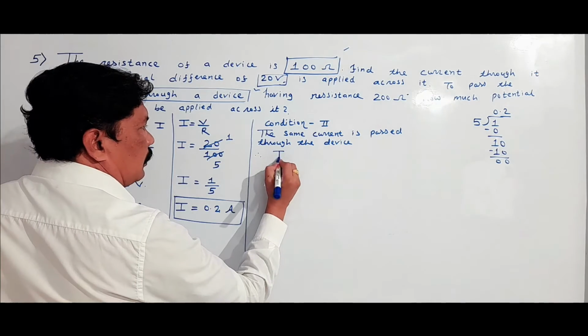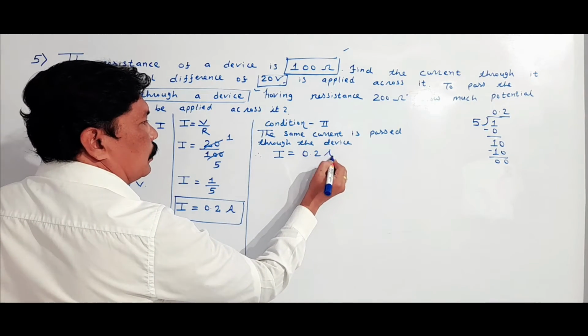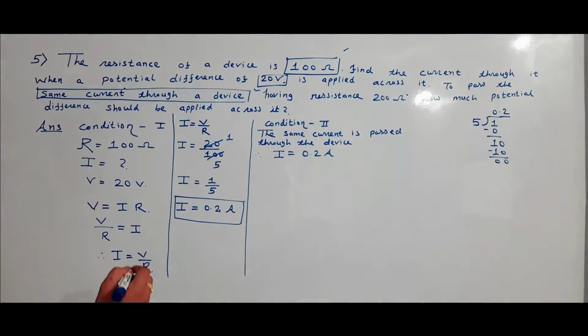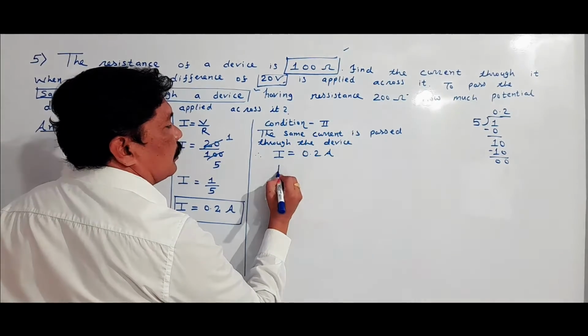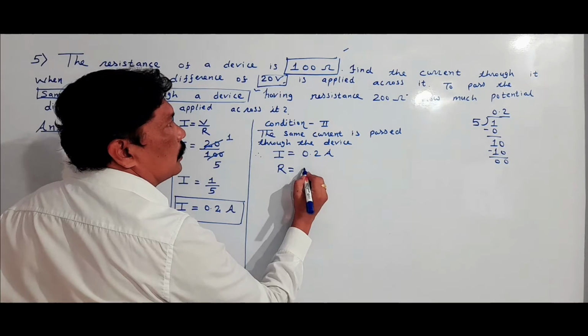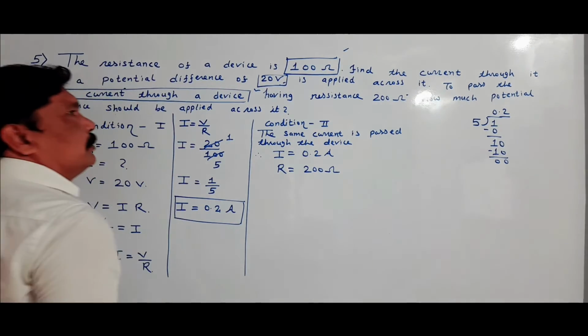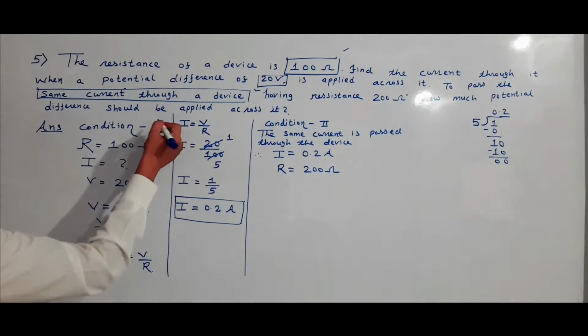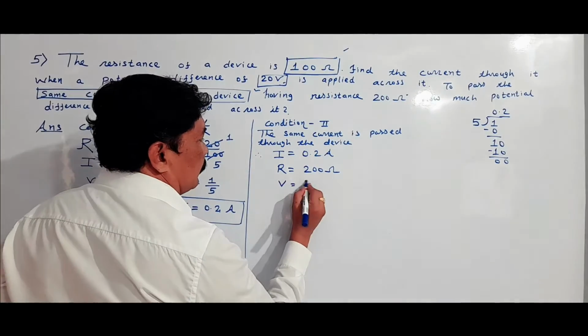Therefore, I is equal to 0.2 ampere. Having a resistance of R is equal to 200 ohms. How much potential difference should be applied across it? So we have to find V.